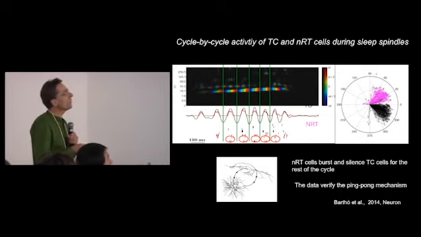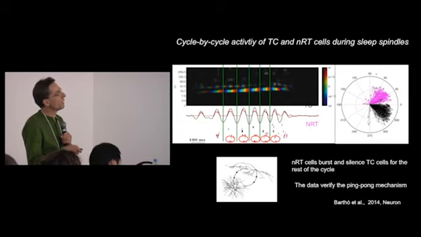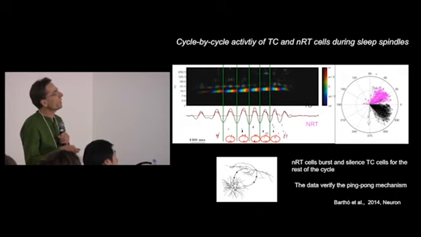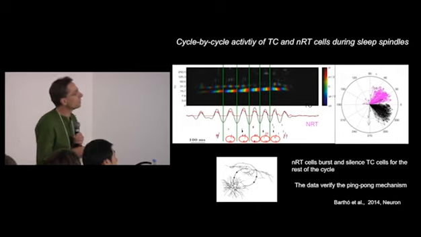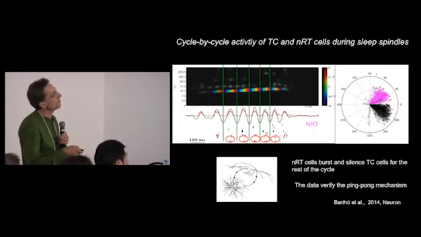So what we did, we examined in which phase of the spindles the individual cell populations fire, and this is a phase polar plot. The peak of a spindle cycle would be 0 degrees, and anything which comes before this is towards this direction, and the other one which comes after is this direction.